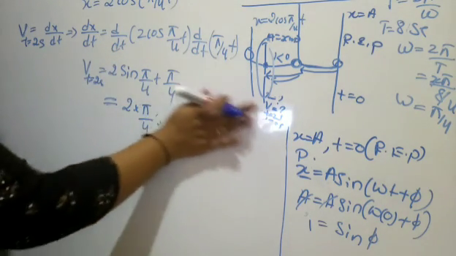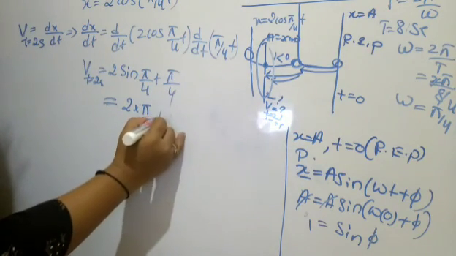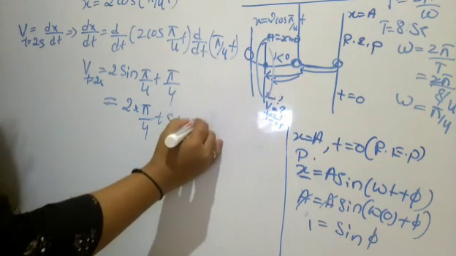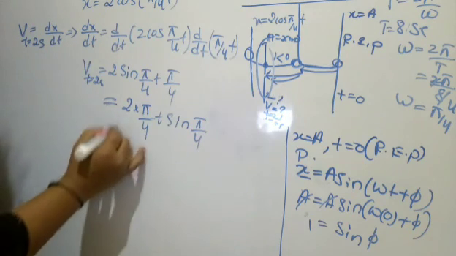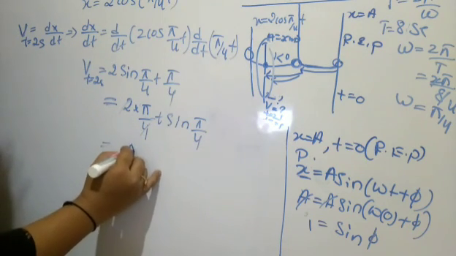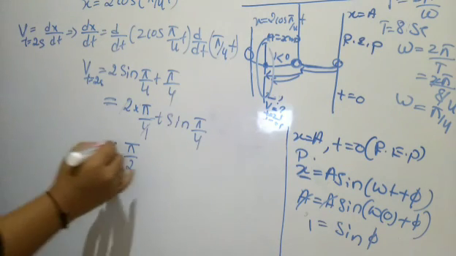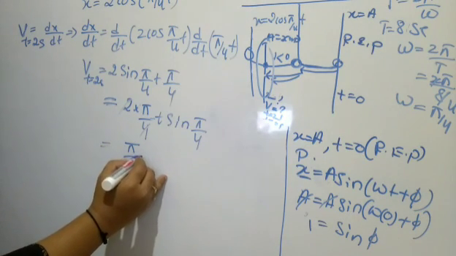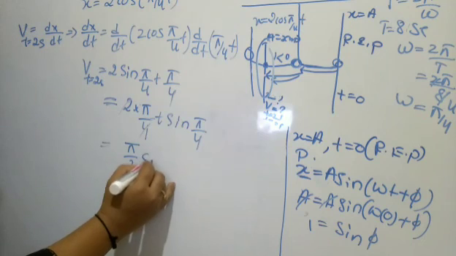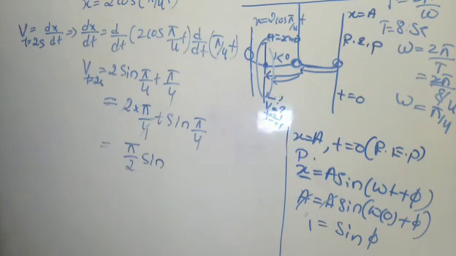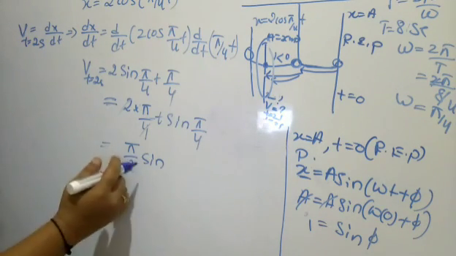So once again I'll write neatly: t into sine of pi by 4. So 2 ones are 2, 2 twos are 4, so pi by 2 into sine of pi by 2.